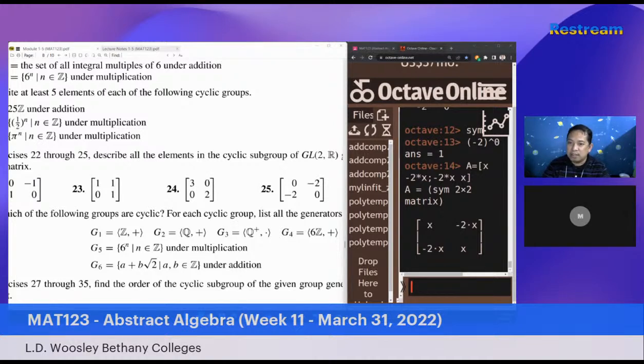So for this case, it's a good idea to express -2 as a base.